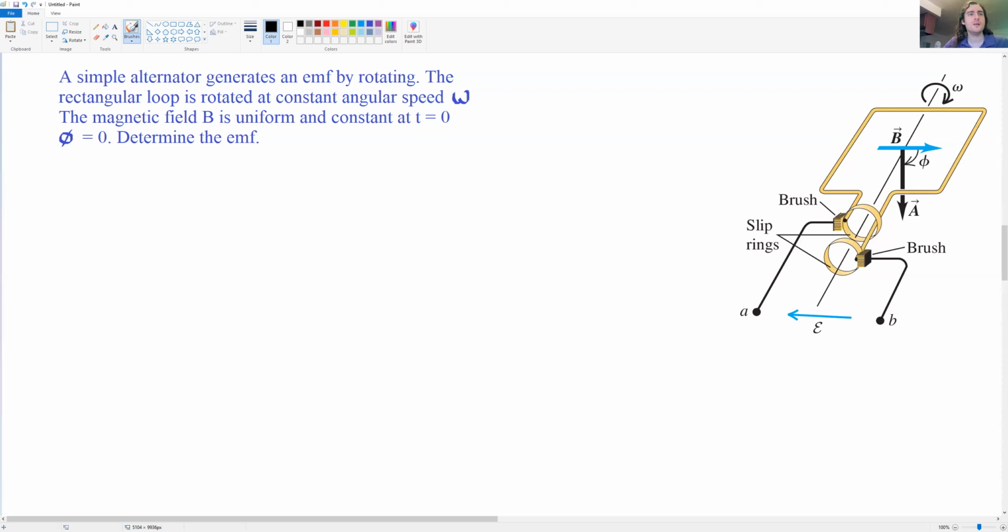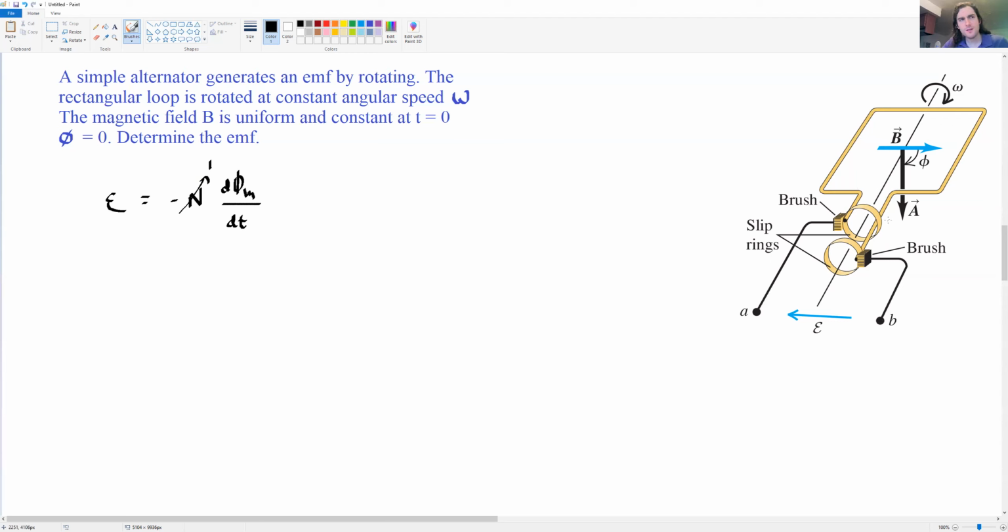So what we want to do is calculate the induced EMF. Well, the induced EMF is given by Faraday's law: minus N d phi_m over dt. In this particular problem, the number of turns is 1, so we can forget about the N. We just have a single loop, and this single loop is just taken to be this rectangle here.